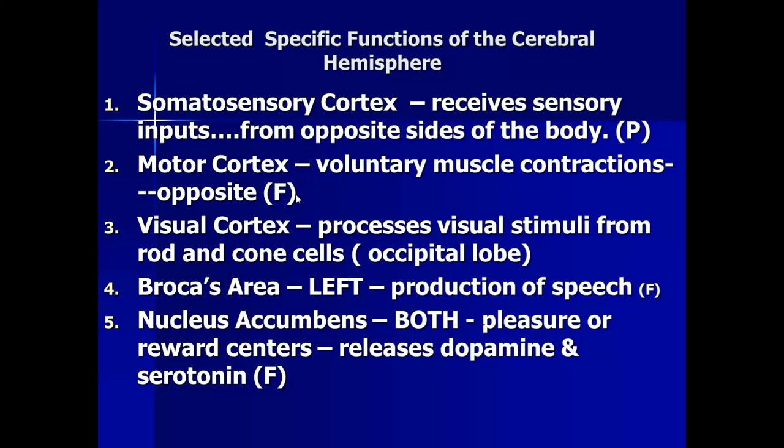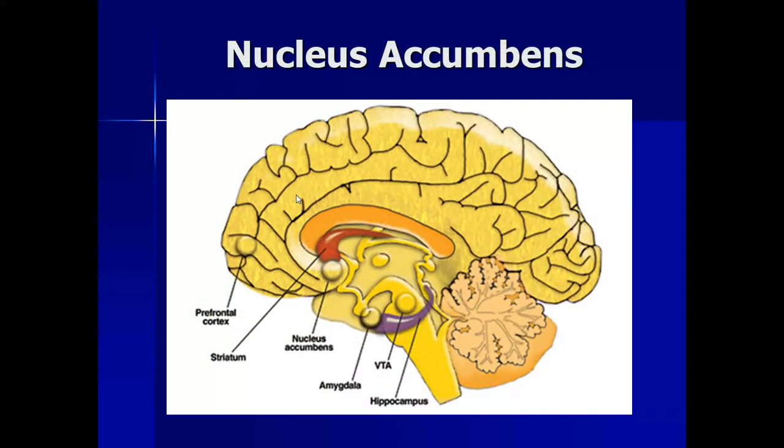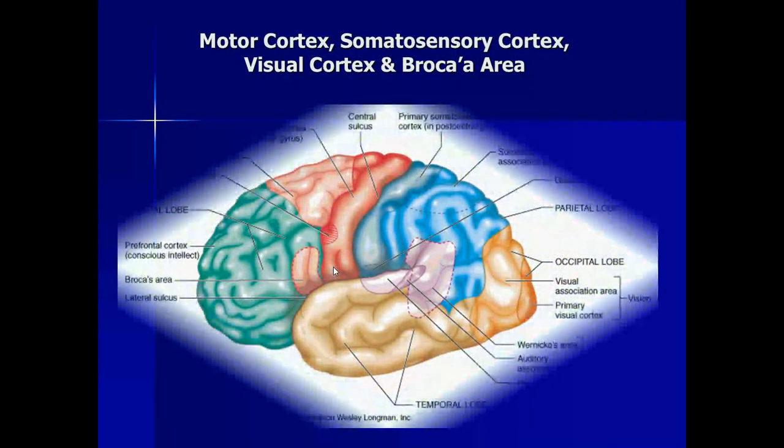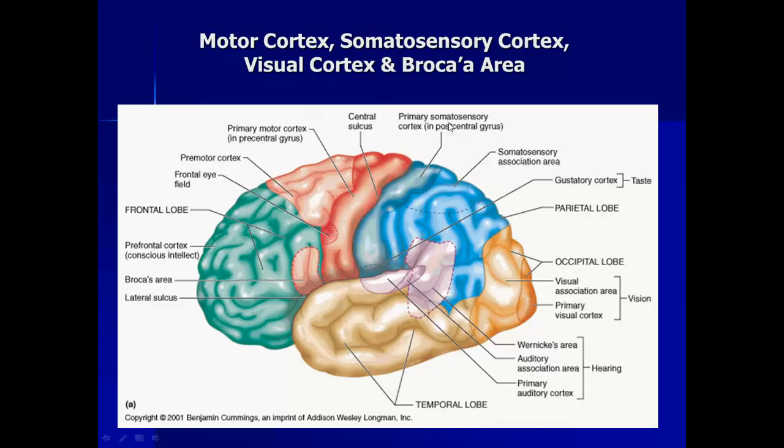If we go over to the picture, you see where the nucleus accumbens is, and we're going to go back to the diagram on the smartboard and label that as well. Broca's area can't be looked at unless we have the left side of the brain. We don't have that on our labeled diagram, but it is part of the frontal lobe on the left side of your brain.